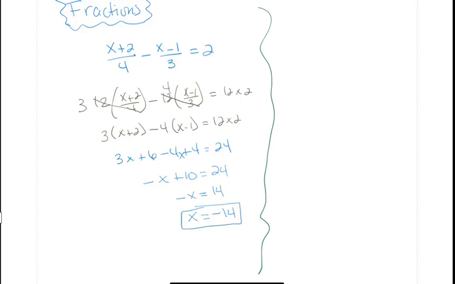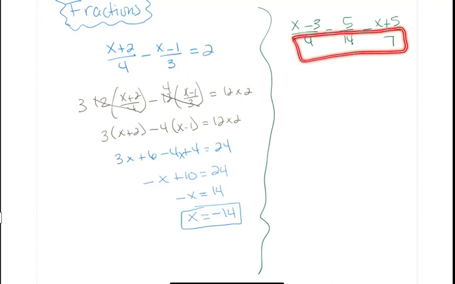Because on this problem, we didn't have a fraction over here. Well, we do, right? It's technically 2 over 1. But you can get it to where every component is a fraction. Let's say we had 5 over 14 minus (x plus 5) over 7, right? Now when it comes to finding my common denominator, I'm looking at all of these numbers.